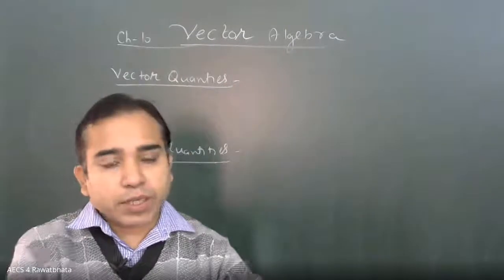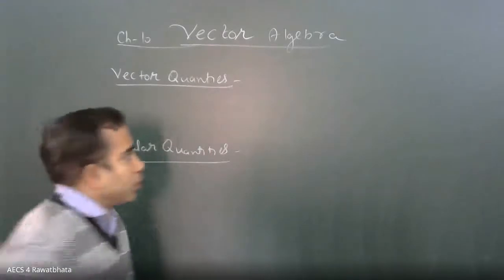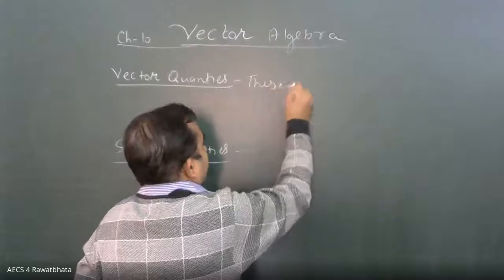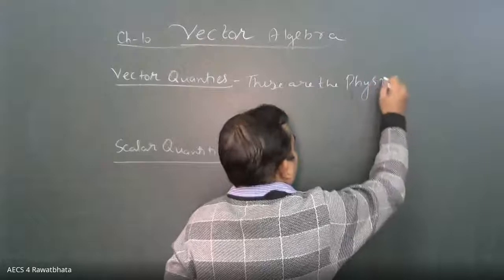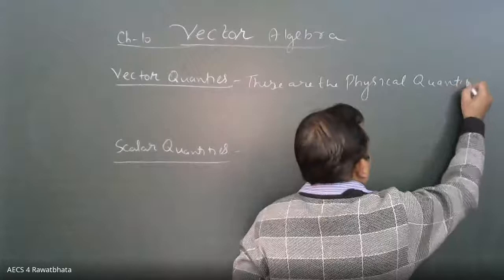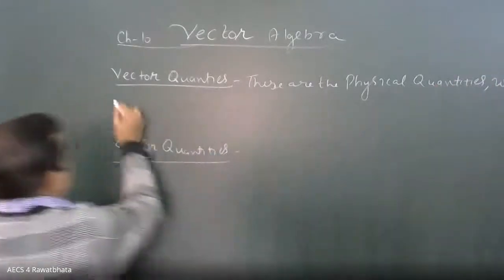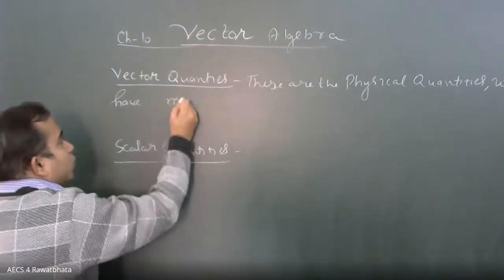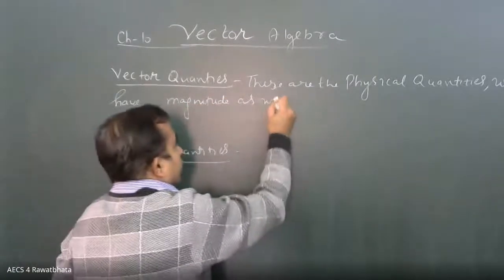Vector quantities are those physical quantities which have magnitude as well as direction.